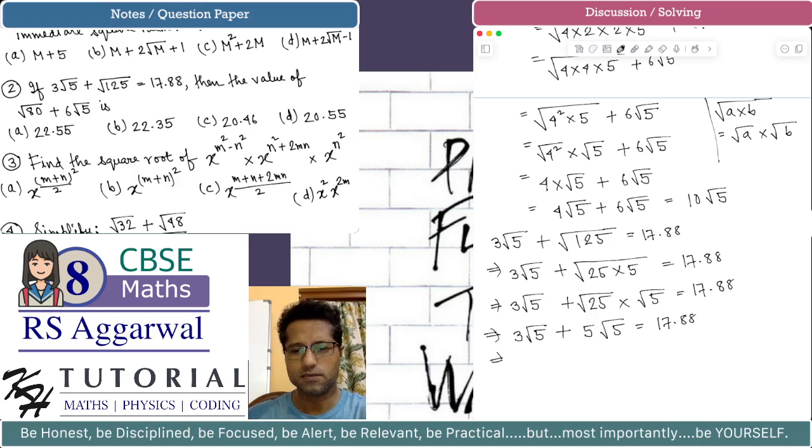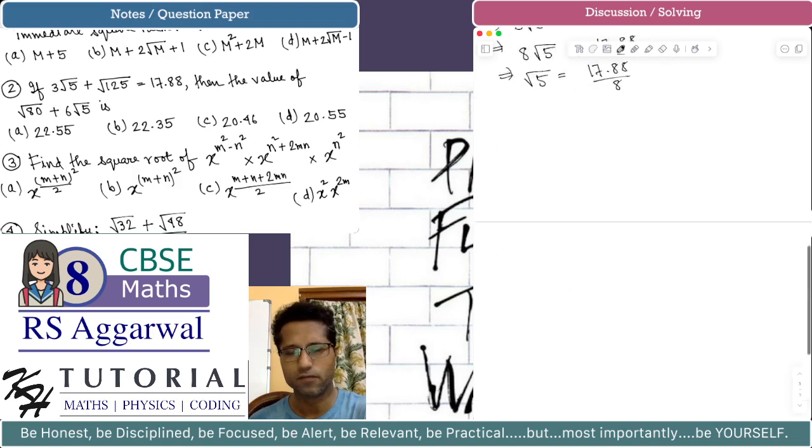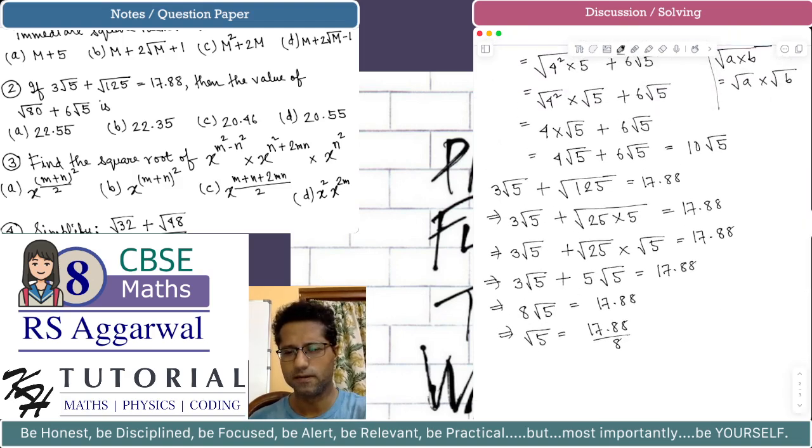So this implies 8 into square root of 5 is equal to 17.88, so square root of 5 is equal to 17.88 divided by 8. So from the given information that 3 into square root of 5 plus square root of 125 equals 17.88, we have found square root of 5 is equal to 17.88 by 8.